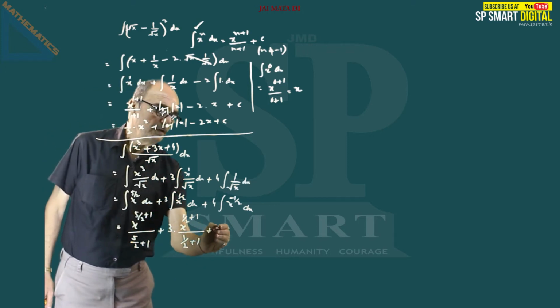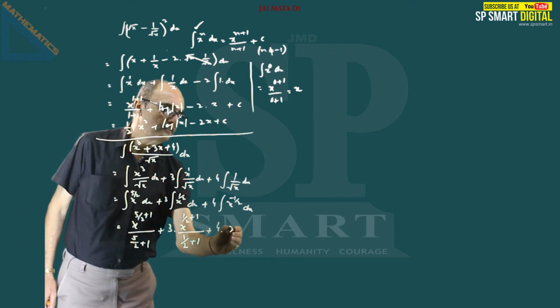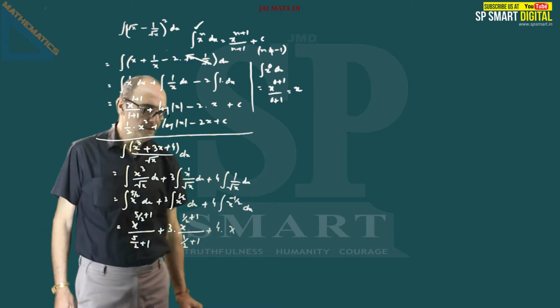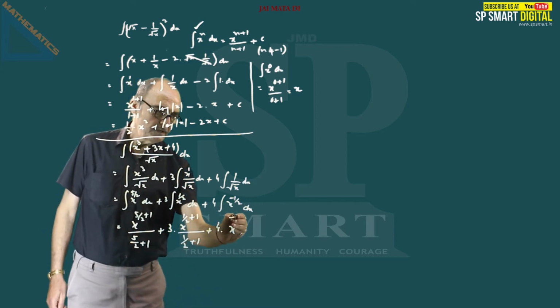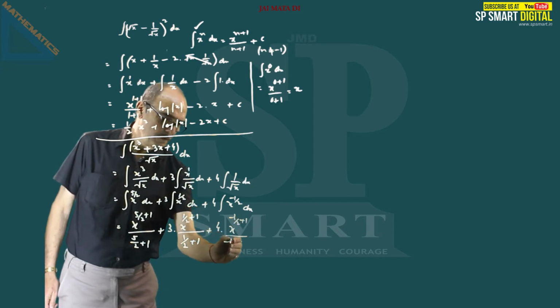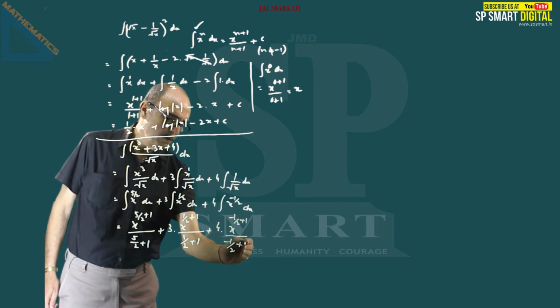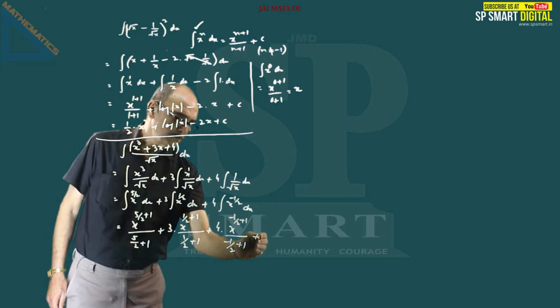Then this is 4 times x raised to n, in this case is minus 1 by 2, that is minus 1 by 2 plus 1 upon minus 1 by 2 plus 1, plus constant c.